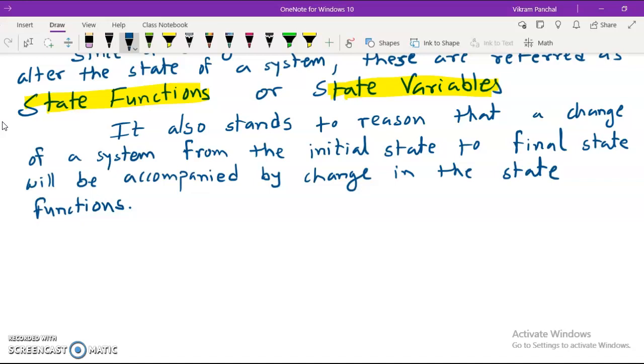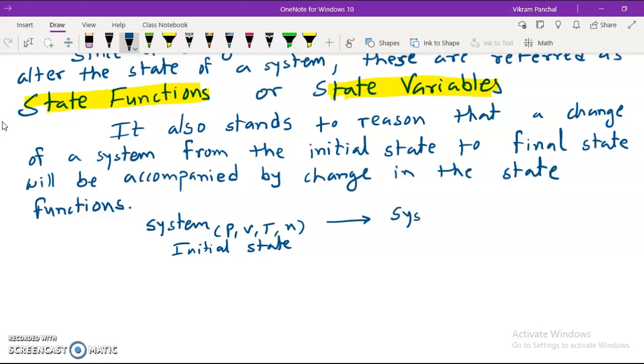Okay, so any system will be expressed in terms of pressure, volume, temperature, and number of moles as an initial state, and then it undergoes certain change, either pressure is changed, volume is changed, or temperature is changed, and we get the system in the final state, which will have different pressure, volume, temperature, and number of moles, or maybe number of moles remains constant. But if you change pressure, then volume and temperature will be changed. If you change volume, then pressure and temperature will be changed. So here we have to show the initial state and final state only.